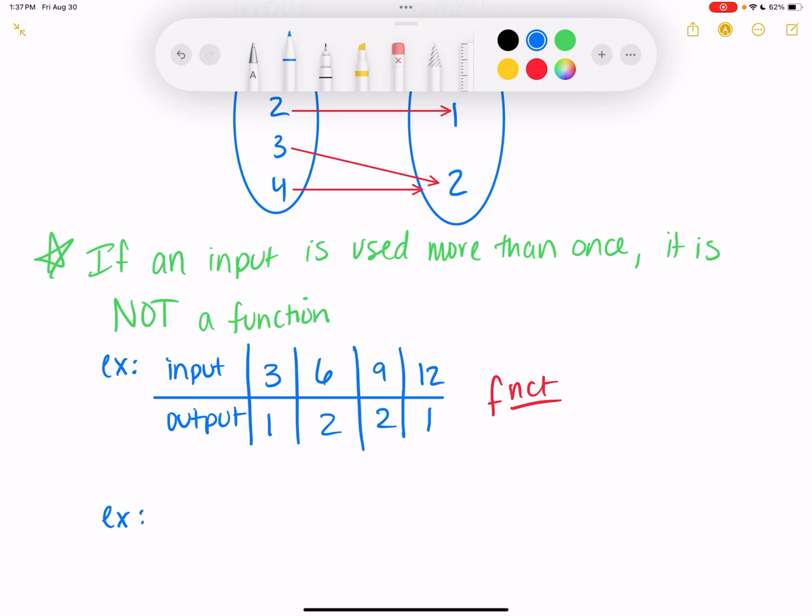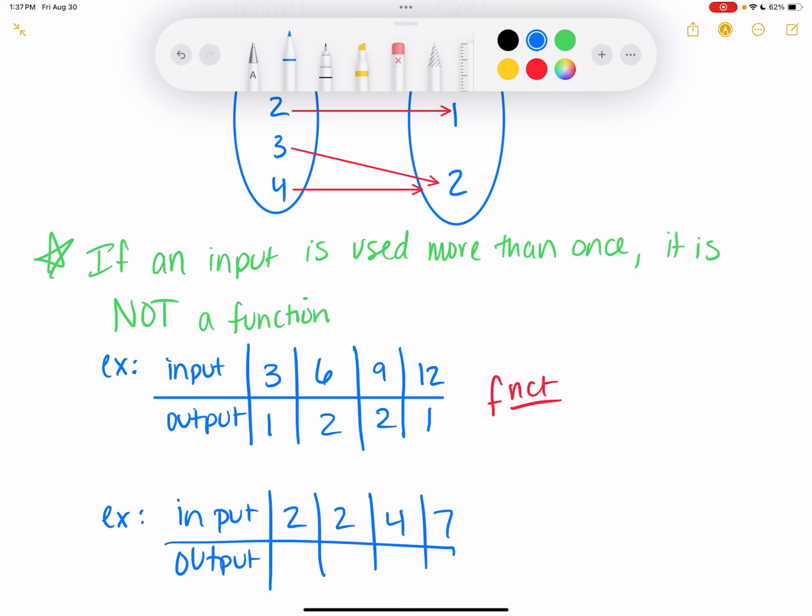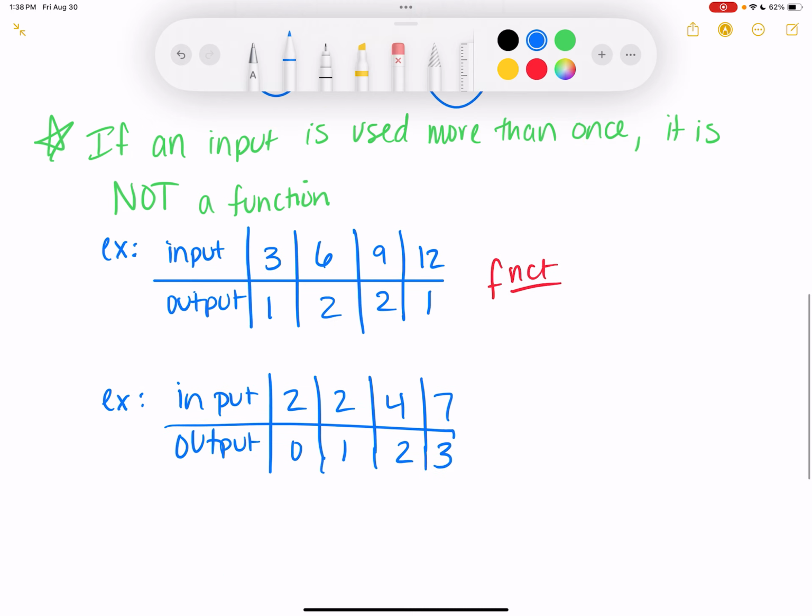How about this one? We have another input-output table. Let everyone get that one written down.